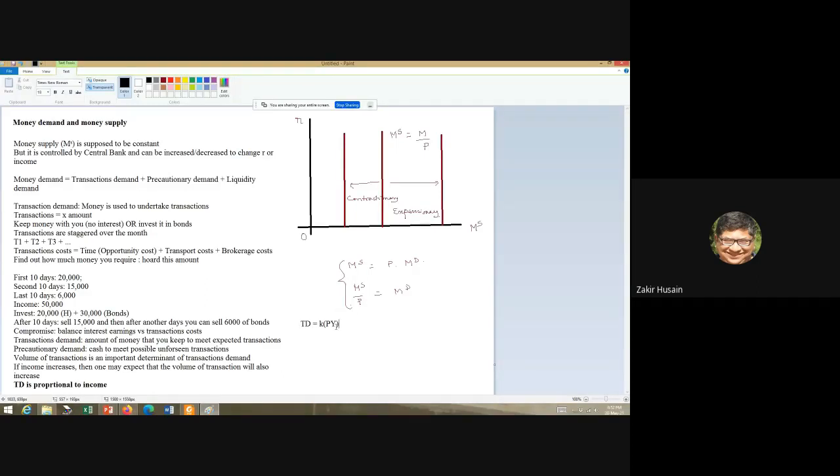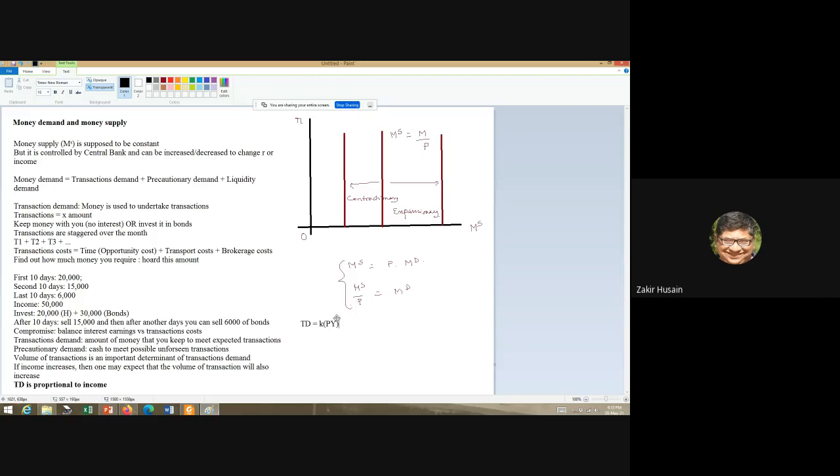What is happening is, if I write it in this form, it means I've written it like this. Money supply is equal to P into MD, right? And I can simply divide both sides by P. See, what you do is not really relevant. Both are going to give you the same thing.